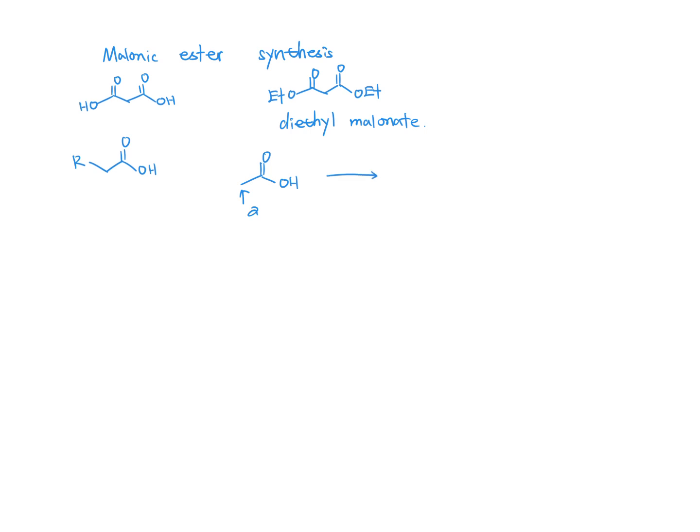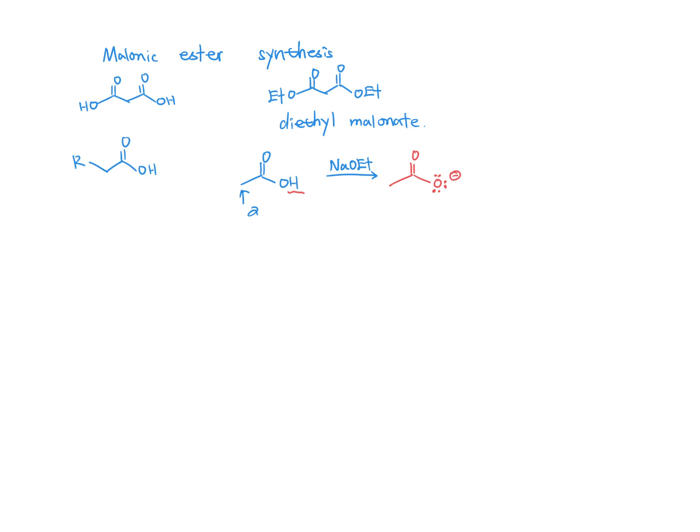However, when you introduce a base to this starting carboxylic acid, what's going to happen is instead of forming the enolate, you are going to have the proton on the carboxylic acid be deprotonated. The alpha proton is less acidic, so you are not going to get the enolate.